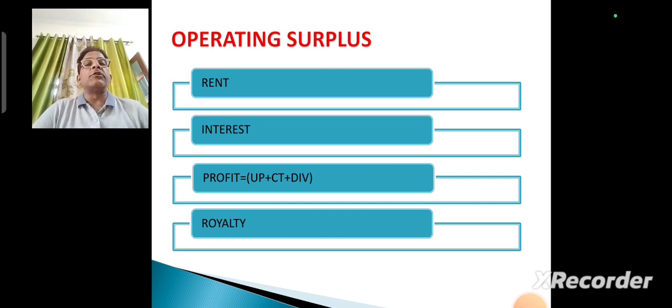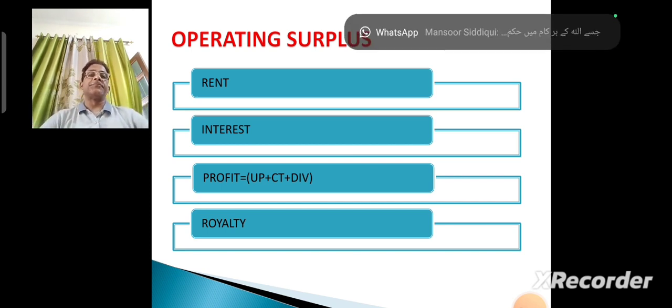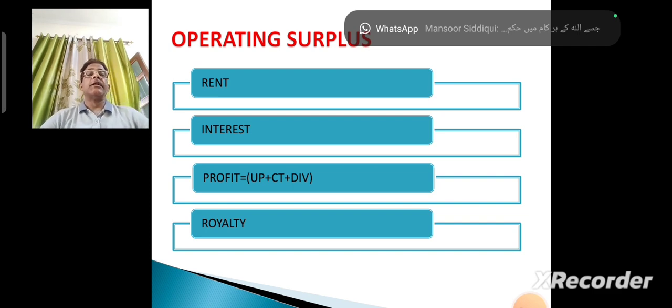Because the tenant was using the premises, the shop, for the production purpose. And why is royalty being paid? Because the tenant is exploiting the subsoil assets. He keeps digging the soil and taking out all the things which are there below the soil, and is taking away those assets. So the subsoil assets are being exploited by the tenant. The amount of money paid for this purpose will be the royalty.